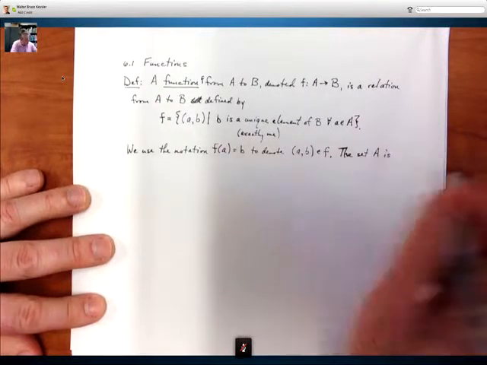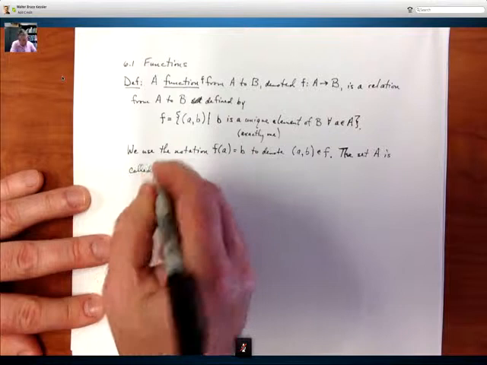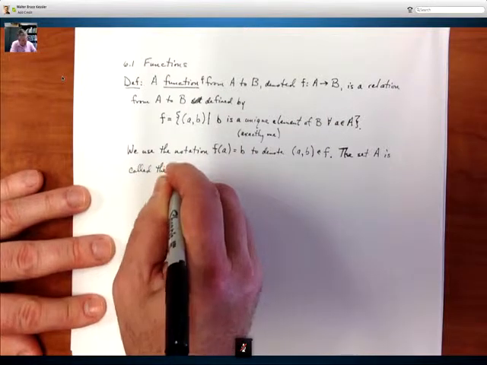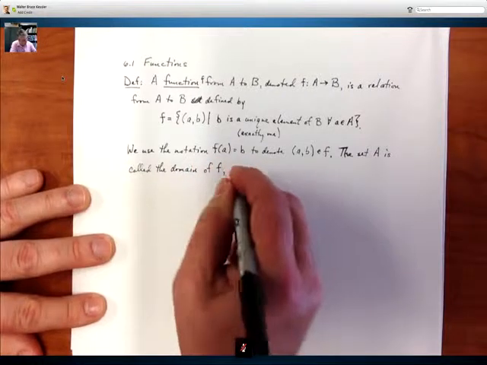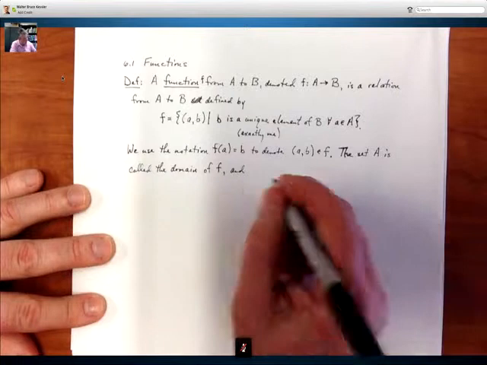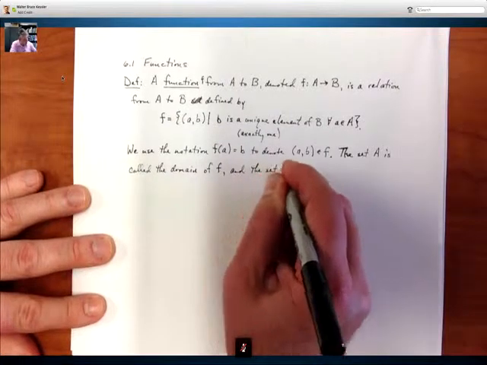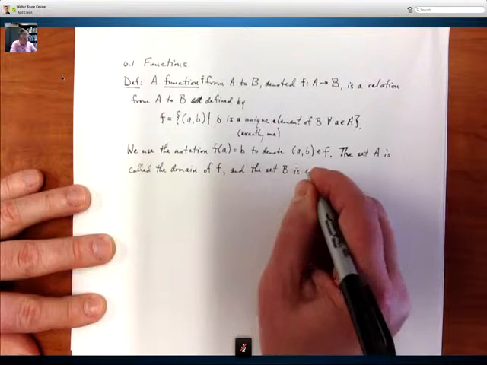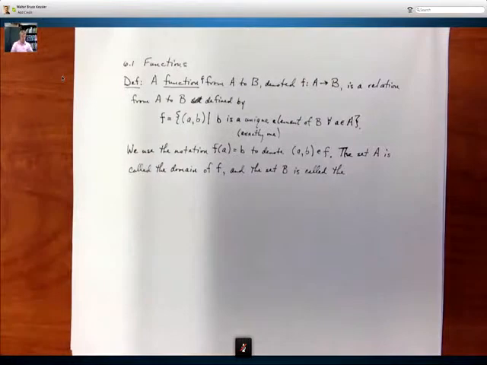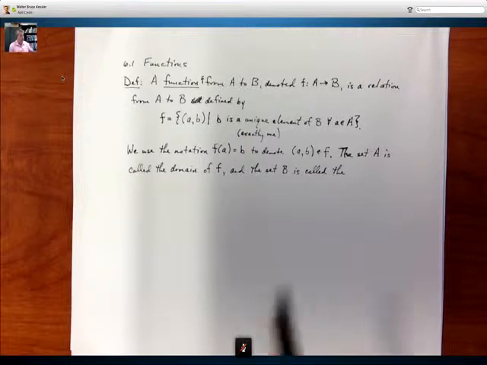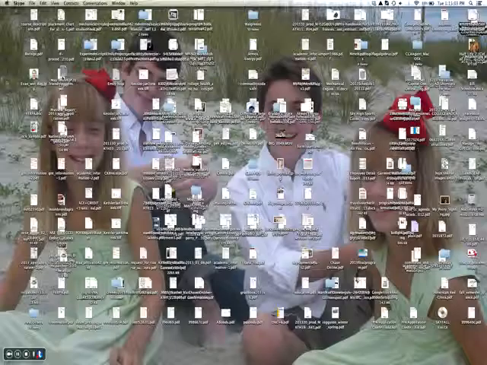The set A is called the domain of f, and the set B is called the, now range is the word that we tend to want to think here, but we're not guaranteeing that every element of B will appear as a second coordinate in these ordered pairs, right?